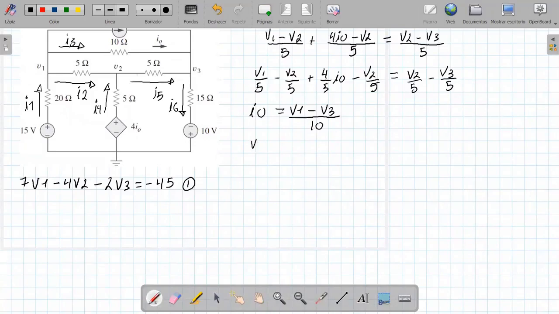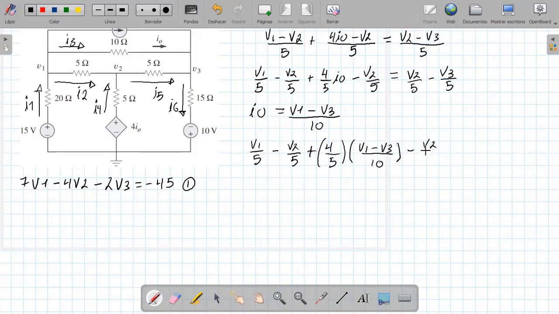Then I just replace. I know that V1 over 5 minus V2 over 5 plus 4 times I0, and I0 is V1 minus V3 over 10, minus V2 over 5 is going to be equal to V2 over 5 minus V3 over 5.